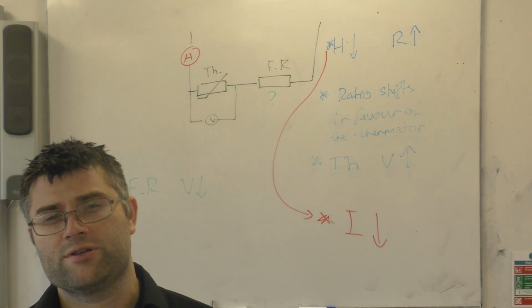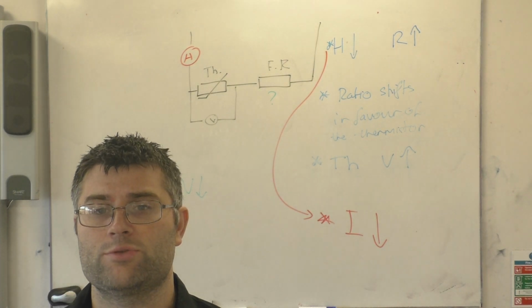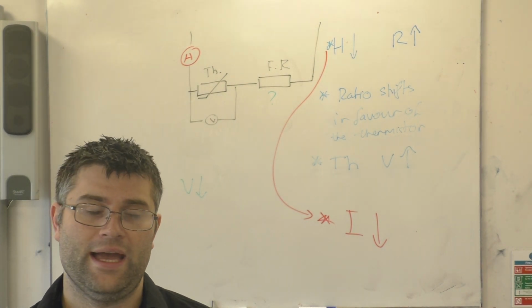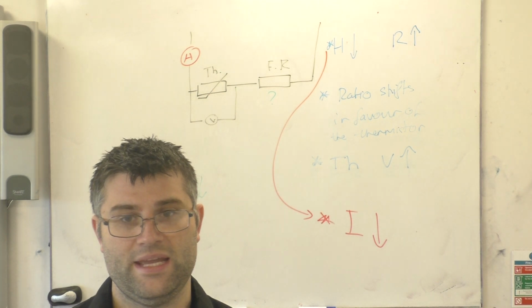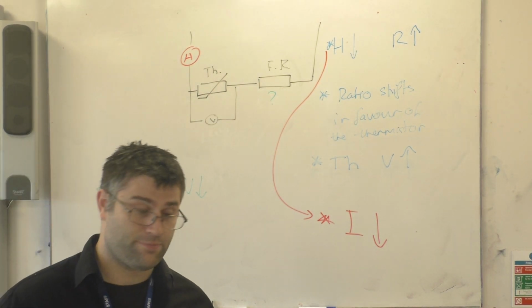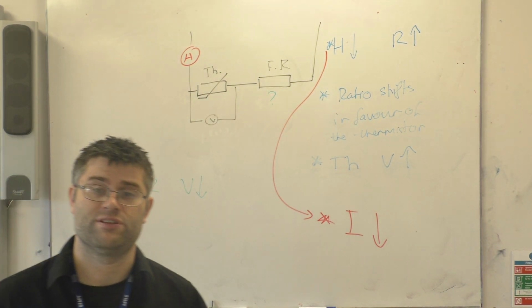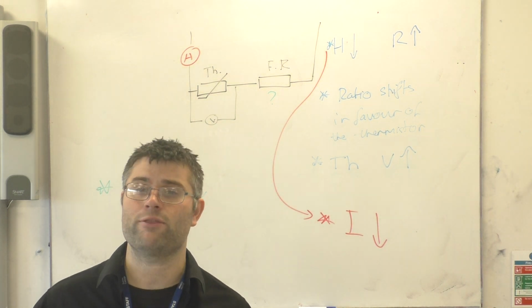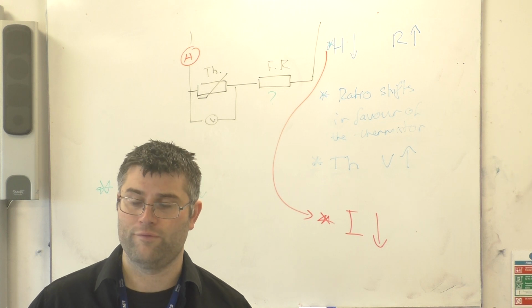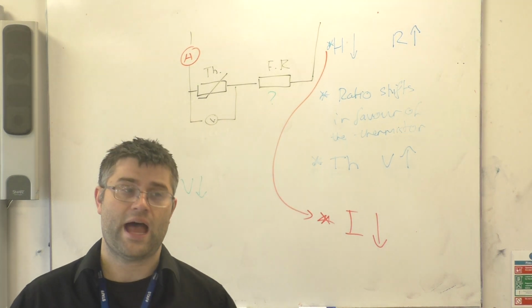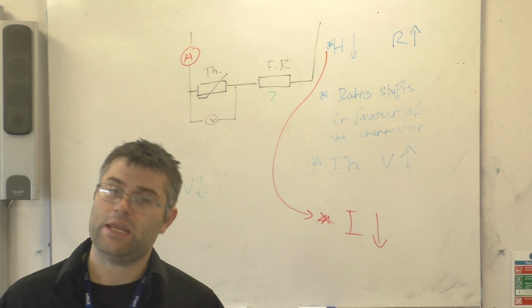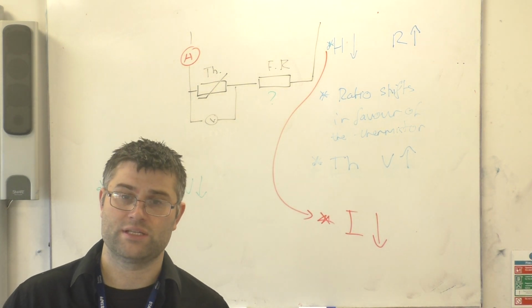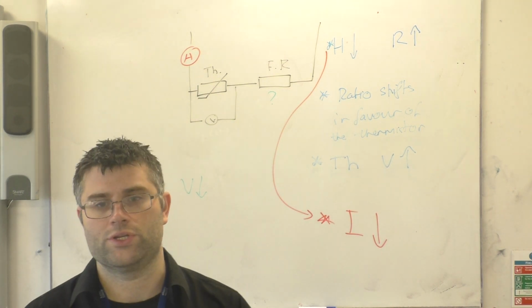A very high resistance will take a very large proportion of the PD, of the EMF, as opposed to a relatively smaller resistor in the same circuit. The larger the resistor, the larger the chunk of the voltage it's going to take.